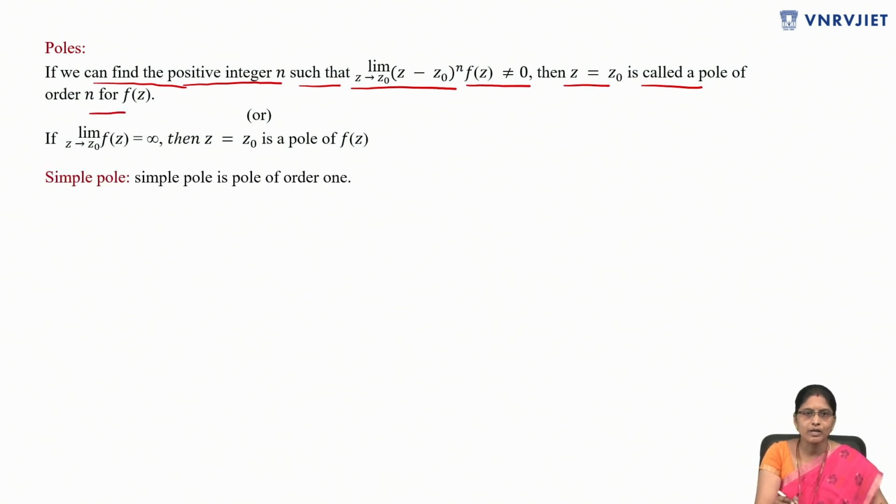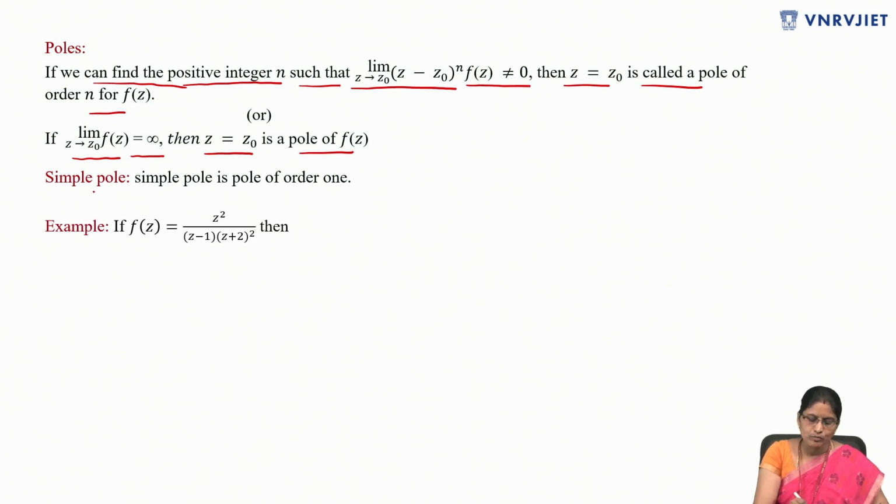Or simply, if the limit as z tends to z0 of f(z) is infinity, then z = z0 is a pole of the function f(z). Simple pole: what is a simple pole? A simple pole is a pole of order 1.